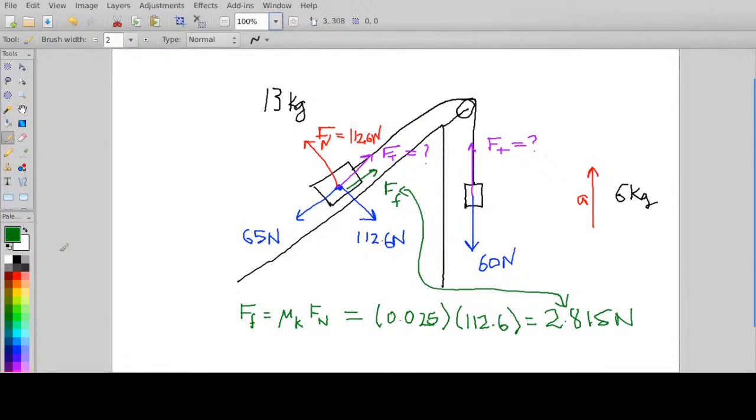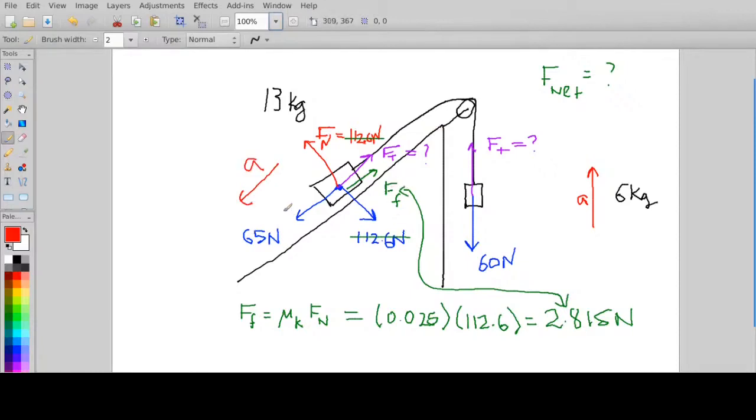But let's see what F net's going to be here. Remember, F net is not equal to 0 in this situation. F net is equal to something, and the whole reason we did these free body diagrams was so that we could get F net. But you don't have to add up all these forces here, because two of them will actually cancel. That one will cancel that one. And we do know that this is accelerating downhill like this, so we know that the 65 is going to be bigger than these other two.